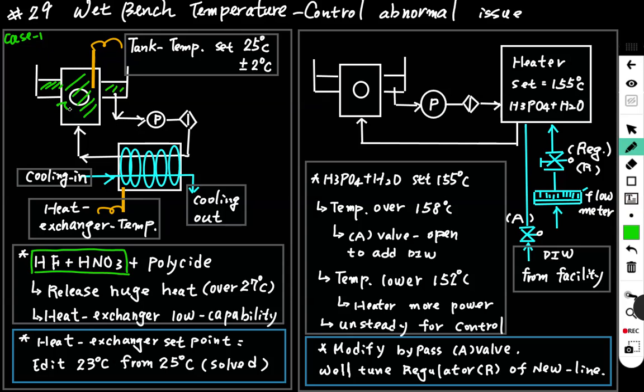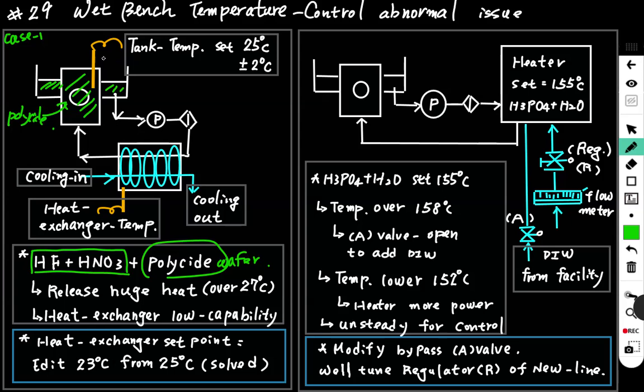And the process sometimes is the polysil wafer, and the polysil layer wafer processing over temperature control.